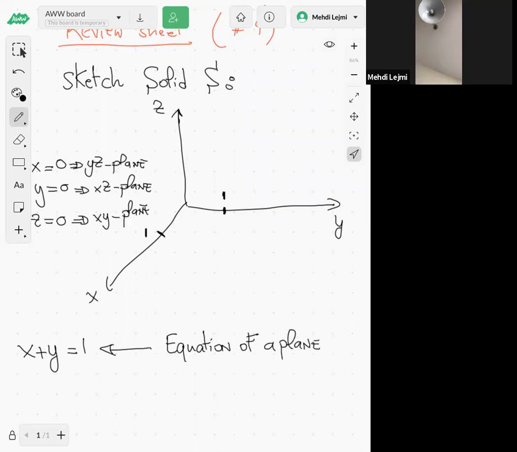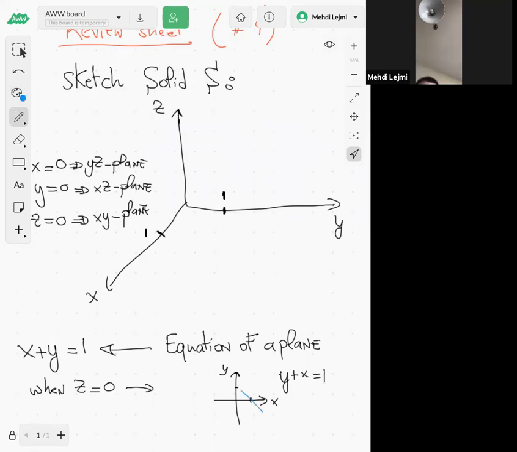So for example, when the height Z is 0, you're gonna get the line X plus Y equals to 1. So that will be this line here.